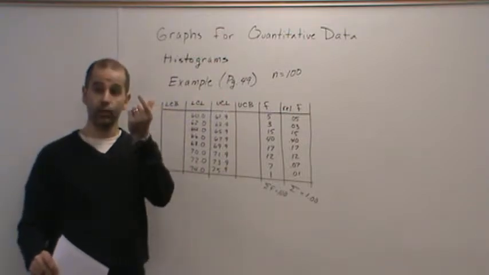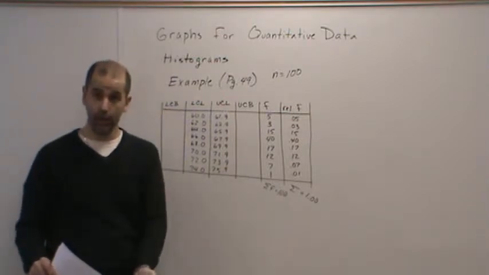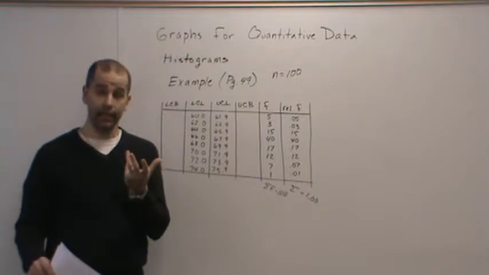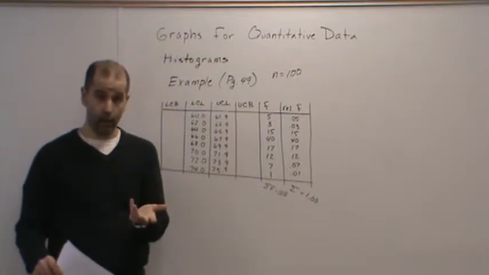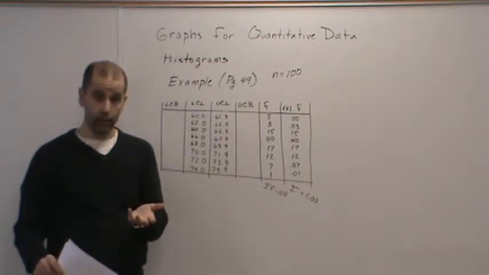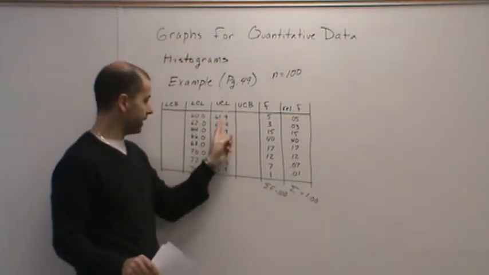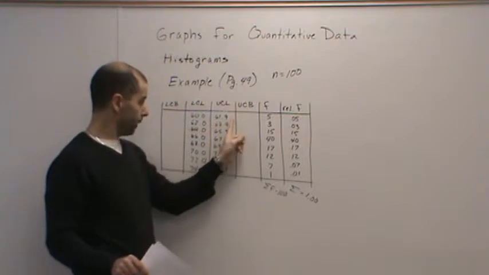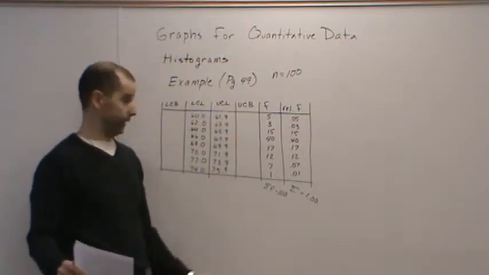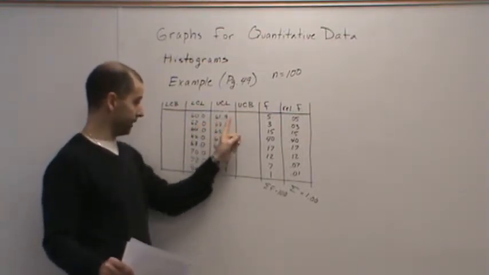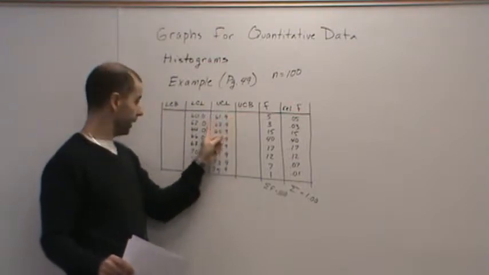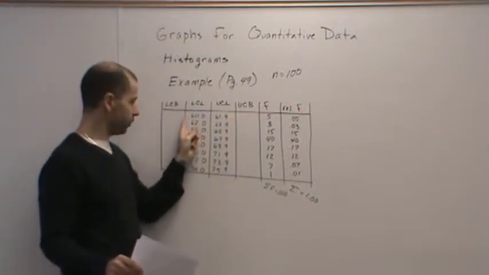How are we going to close that gap for constructing the histogram? Well, that's where the class boundary comes in. What we're going to do is find the midpoint between the two. The midpoint is the halfway point between this class and the next class.